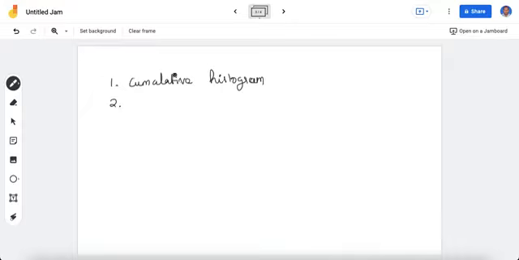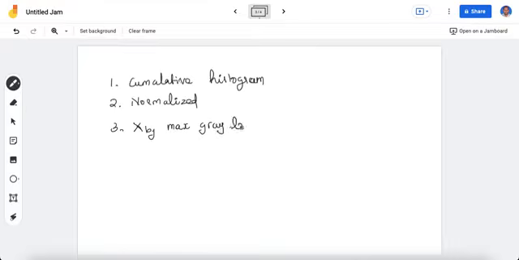Second one, after finding the cumulative, we have to find the normalized value of your histogram. Normalized value in the sense what? The cumulative value should be divided by the total number of pixels. Then third one, multiply your normalized value by the maximum gray level.